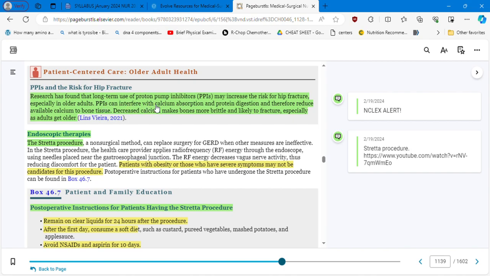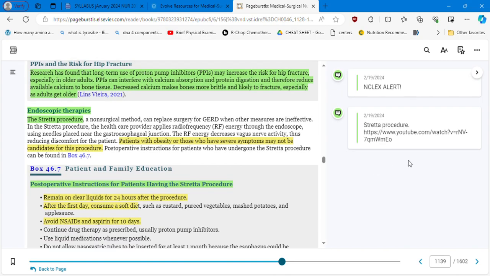It can interfere with calcium absorption and protein digestion, and therefore reduce available calcium to bone tissue, right? Decreased calcium makes bone more brittle and likely to fracture, especially as adults get older. That's an NCLEX alert.